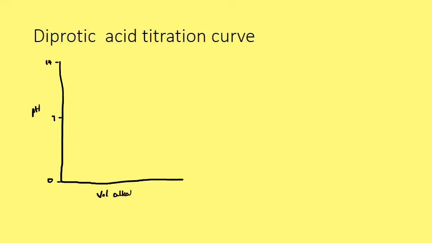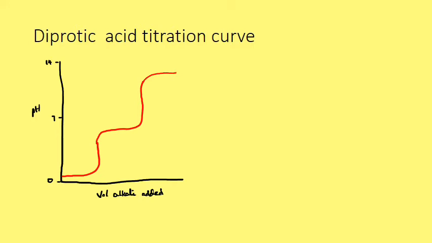So I'll write down here volume of alkali added. As the titration goes on, this is what the curve is going to look like. We're going to start at a low pH because we've got just acid in our conical flask. Then we're going to see a quick first neutralization, and then a second neutralization before it levels off finally.